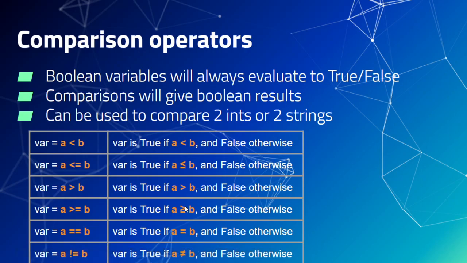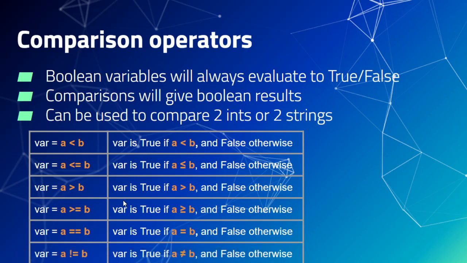So what we'd have to do to make it easier for Python is use less than followed by the equal sign or greater than followed by the equal sign. And this just indicates A is less than or equal to B or A is greater than or equal to B.